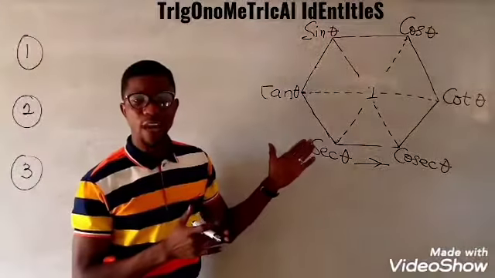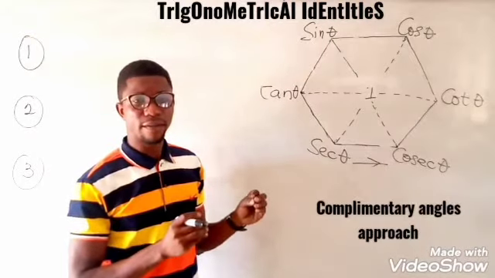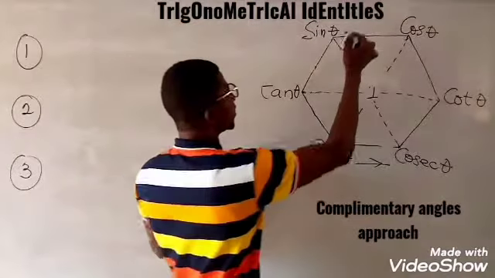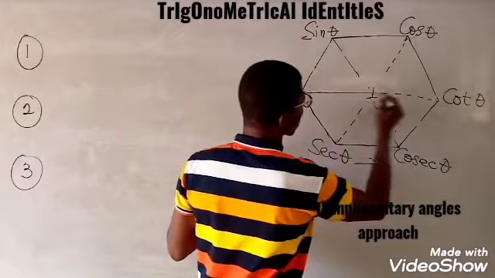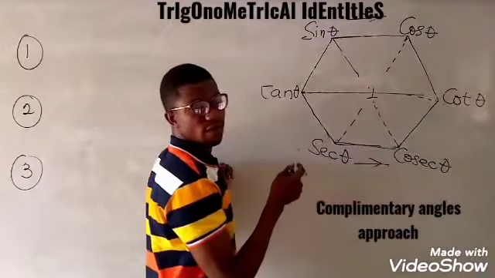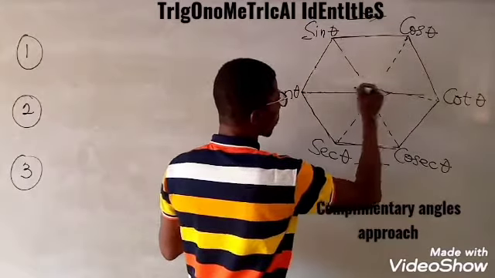Looking at the complementary aspect of the identities, we could also derive this formula. Taking into consideration these horizontal lines, along this, moving towards the positive direction. Also, we have this moving towards the positive direction.